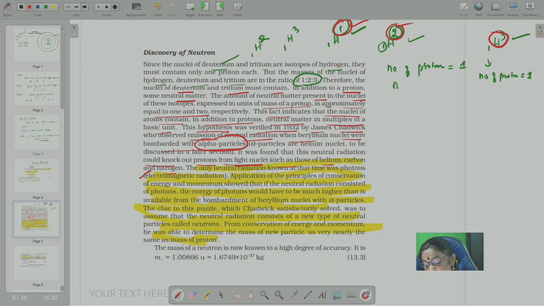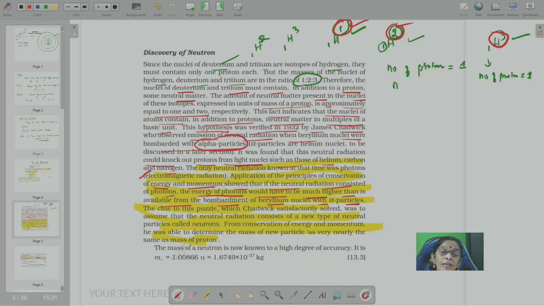Application of the principles of conservation of energy and momentum showed that if the neutral radiation consists of photons, the energy of the photon would have to be much higher than the energy available from the bombardment of beryllium nuclei with alpha particles.